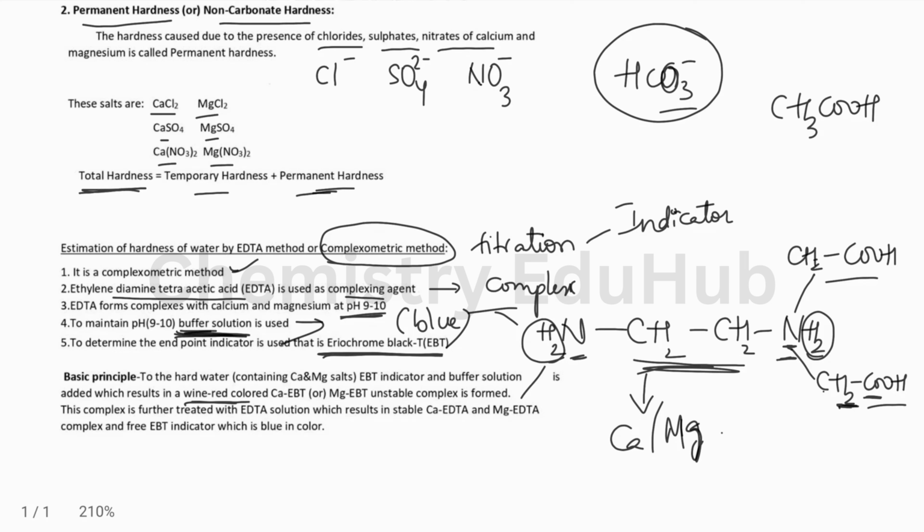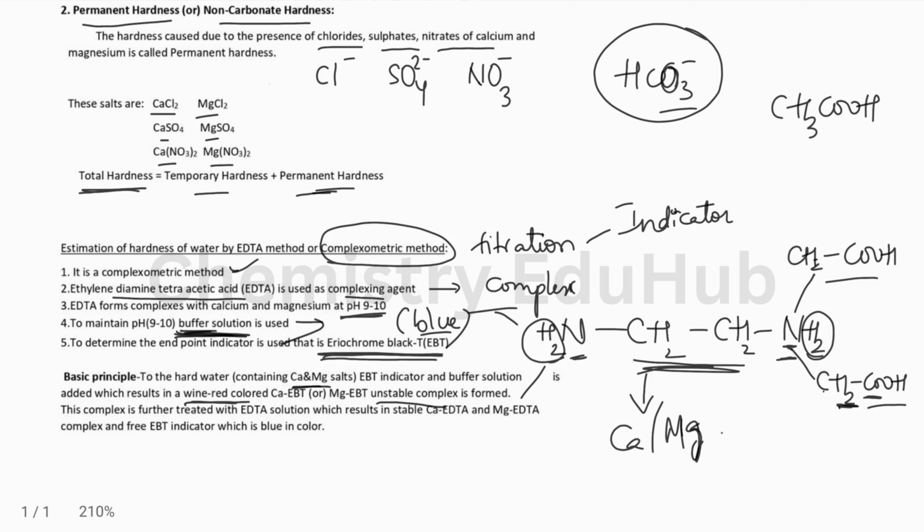So what is the basic principle of this titration? We take hard water which contains calcium and magnesium salts, and to that we add eriochrome black T indicator. Indicator is generally added 1 or 2 drops, and buffer solution is also added, 2 or 3 drops. So eriochrome black T is blue in color, but whenever it gets mixed with the hard water, it turns to wine red color because it forms an unstable complex.